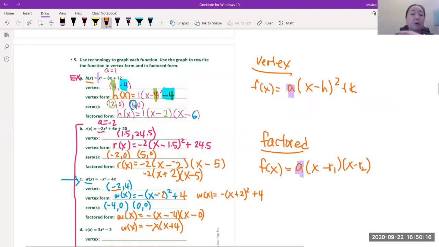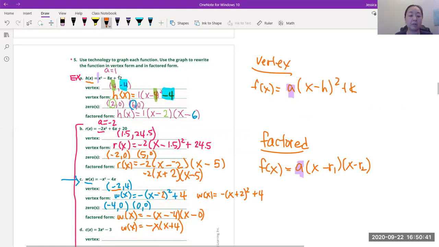Later on, you can do this by hand without using Desmos. But for now, we're just trying to get conceptually how to do this, so that we get familiar with the three forms. We're going to get them from the graph. So if you notice here, A is 1 because there's nothing there, that's why it's purple, which means there's that invisible 1 there.